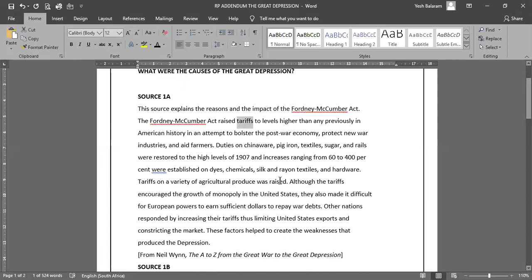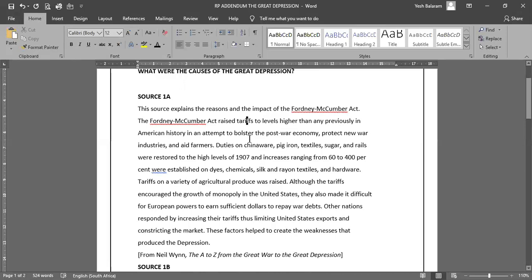Tariffs are fees, or they can be referred to as duties or taxes. The Fordney-Macumber Act raised tariffs to levels higher than any previously in American history in an attempt to bolster the post-war economy.